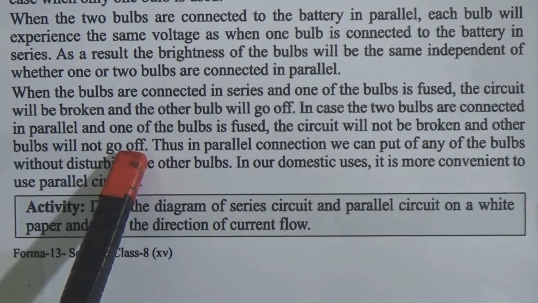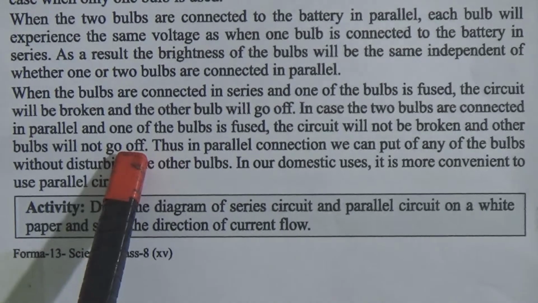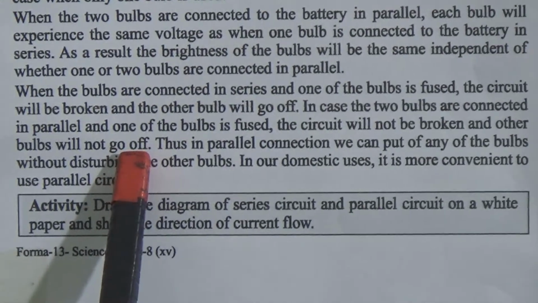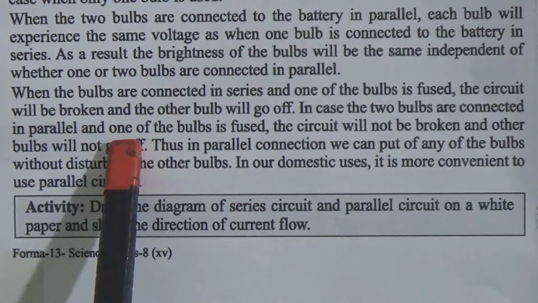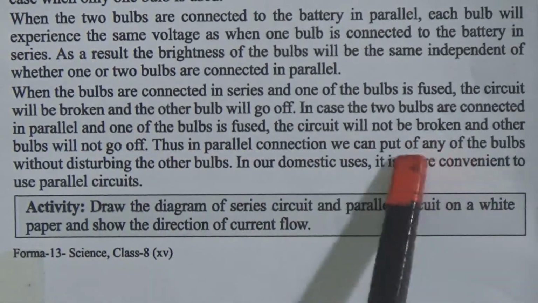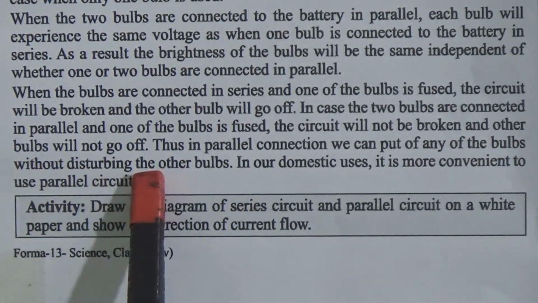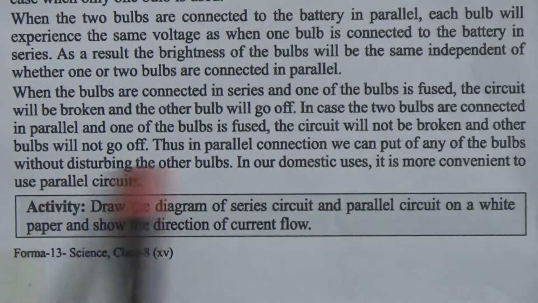We can't get light from the second bulb, but in a parallel circuit, we will get light from the other bulb. This is one beneficial side of parallel circuits. Thus, in a parallel connection we can remove any of the bulbs without disturbing the other bulb. In domestic use, it is more convenient to use parallel circuits.